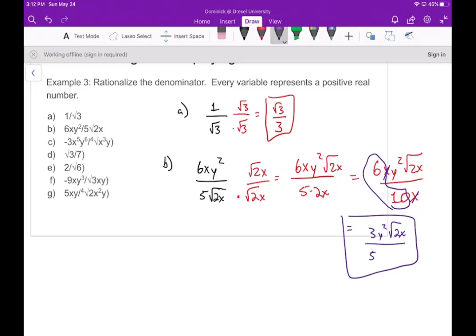Okay. Part C, we have negative 3x to the 5th, y to the 6th, over the 4th root of x to the 3rd times y. Now, again, since this is like x to the 3rd, y to the 1/4, I need to multiply the top and the bottom by x to the 3rd, y to the 3/4.